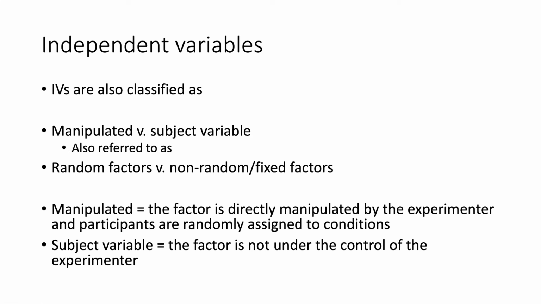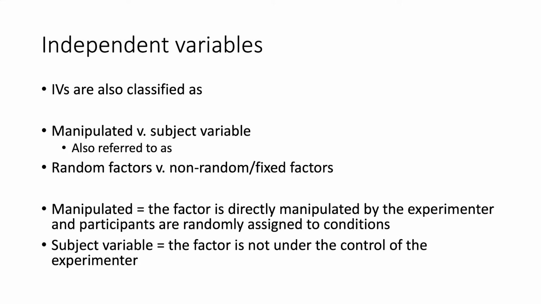Independent variables are also classified as manipulated versus subject variables, and other people like to refer to them as random versus non-random factors. Now, manipulated variables are ones where the variable is clearly under the control of the experimenter and there is some ability to randomly assign participants to the different conditions.